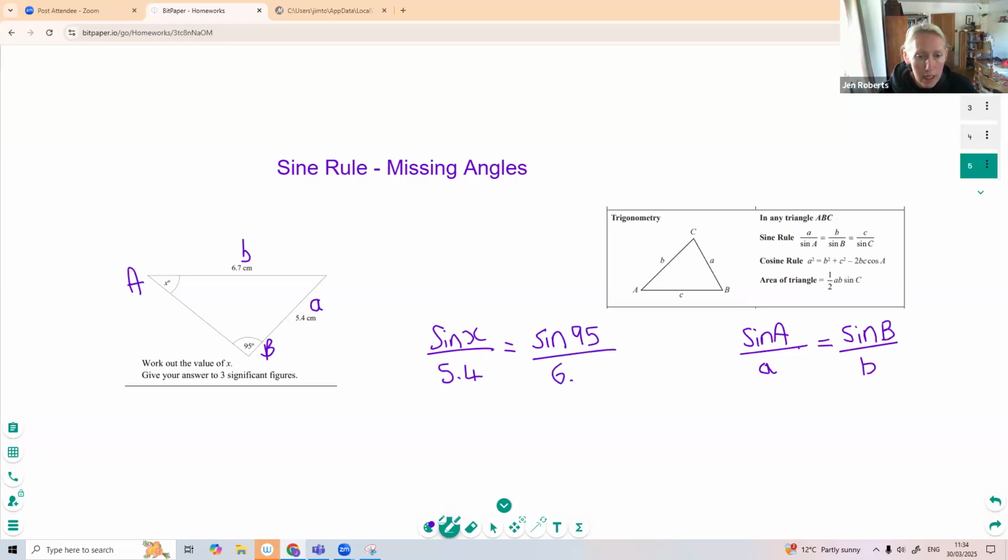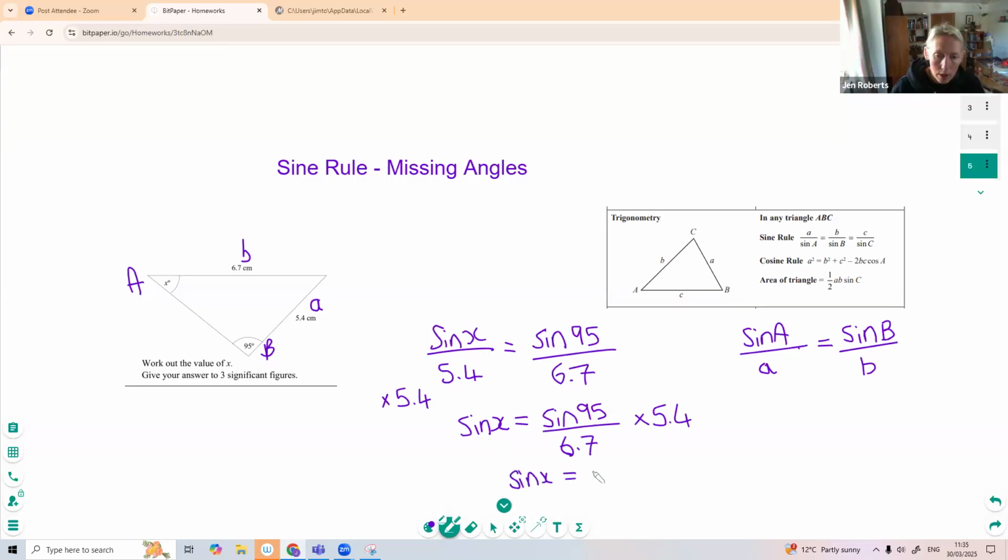I'm just going to make sine X the subject first by multiplying both sides by 5.4. Type that into your calculator. Gives you sine X is equal to 0.8.